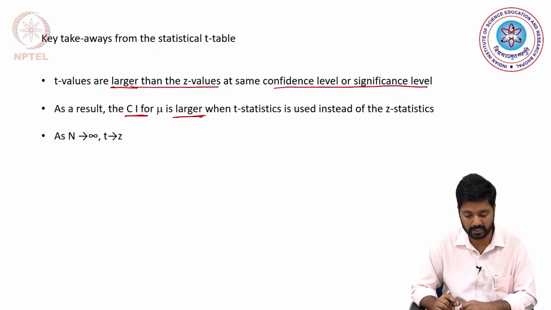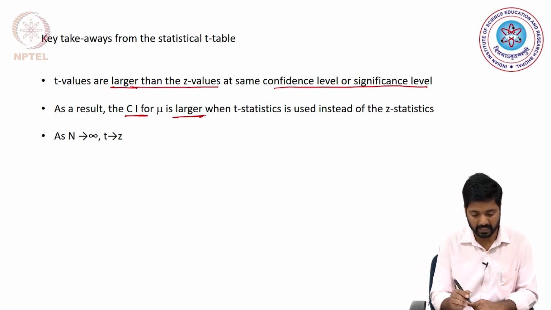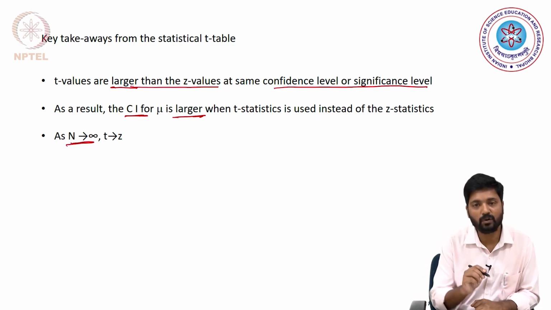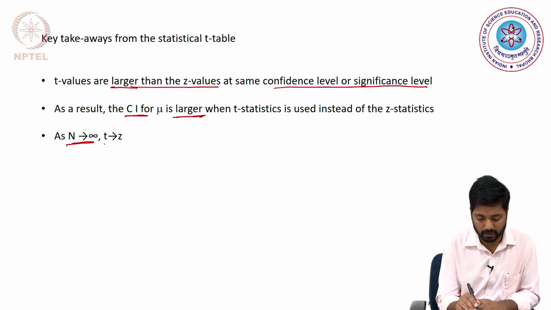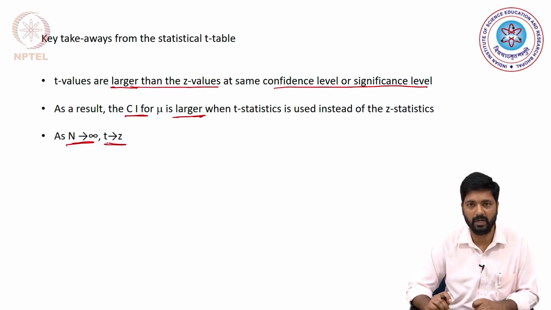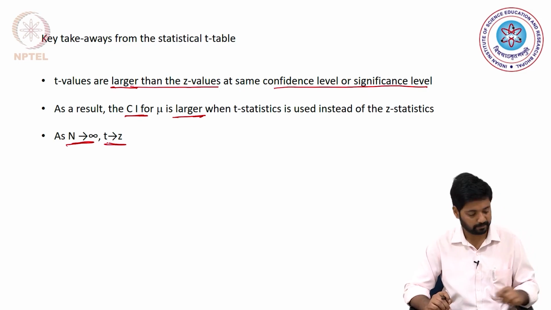And another important thing that we saw just a little while ago is that as the number of measurements increase to infinity, the t value merges with the z value, or t statistics merges with the z statistics.